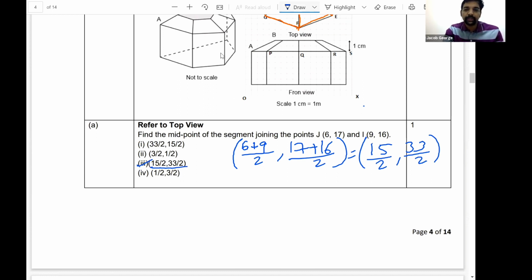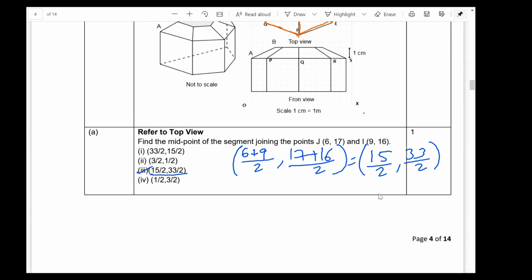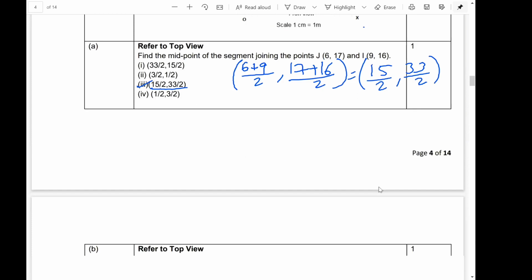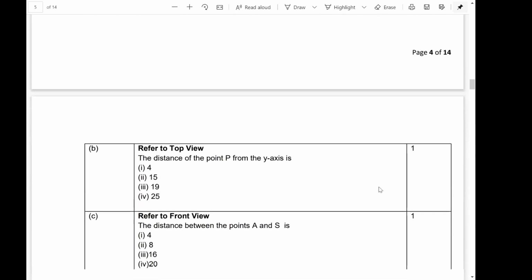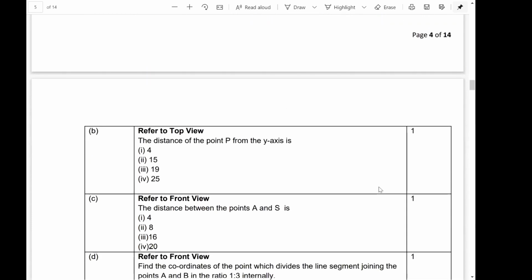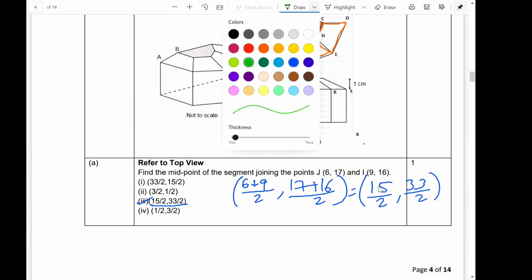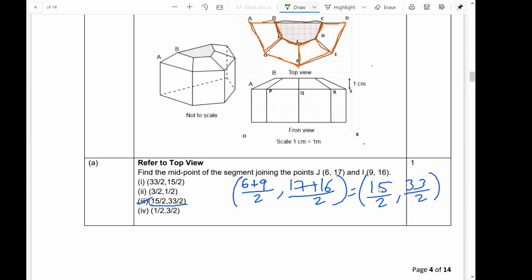The midpoint of the line segment joining the points. Let's see the second question. It's question number 17b. The distance of the point capital P from the y-axis is? So look at the point capital P in the diagram.